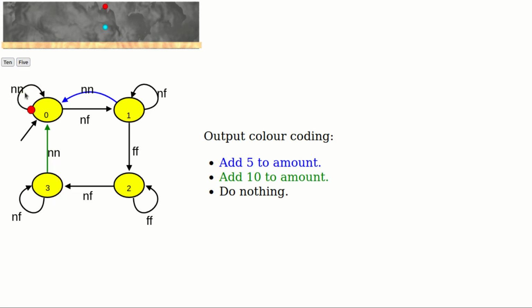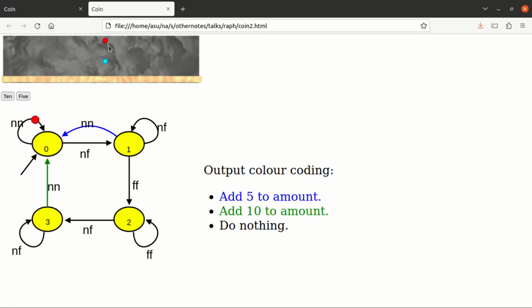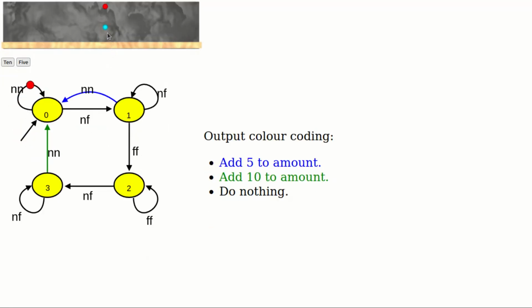NN stands for on, F stands for off. So when I say NF, this means the upper one is on and the lower one is off. Let's see what happens when the 10 rupee coin comes in. Immediately it got the input NF, the upper one is on, the lower one is off, and now it is stuck there because continuous sampling of the two sensors is going on at a very rapid pace, of the order of milliseconds.